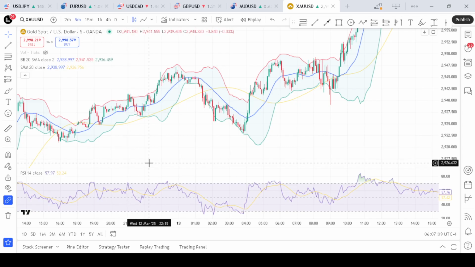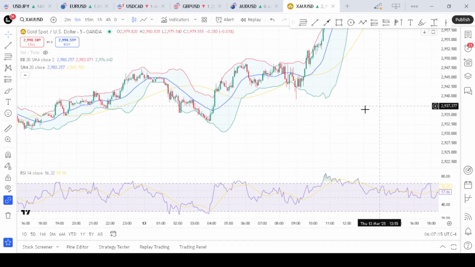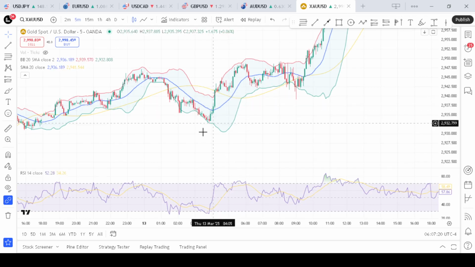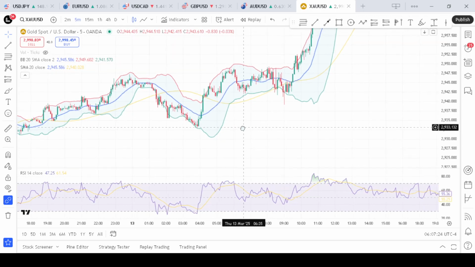Now let's see what an entry trigger or the setup would look like. You start with your moving average crossover. Remember that we have a moving average on the screen.